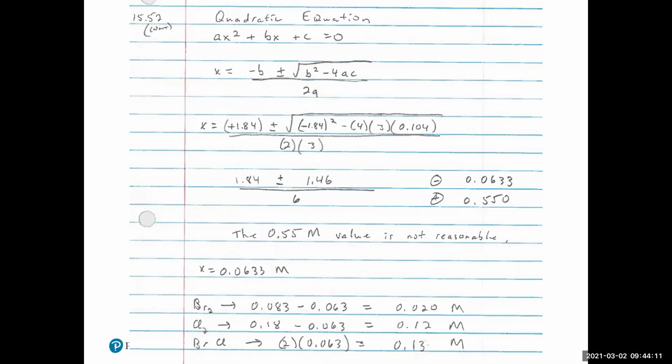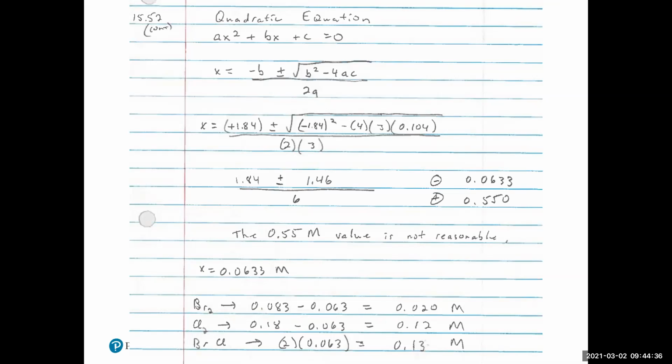That's minus b, so it becomes a plus 1.84, then the minus 1.84. 4a is 3, c is 0.104. We plug all those in, and if you do the math under the square root sign, you should get 1.46. 6 is the denominator, then 1.84.